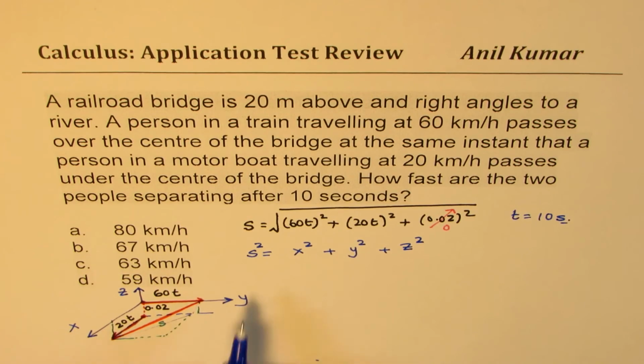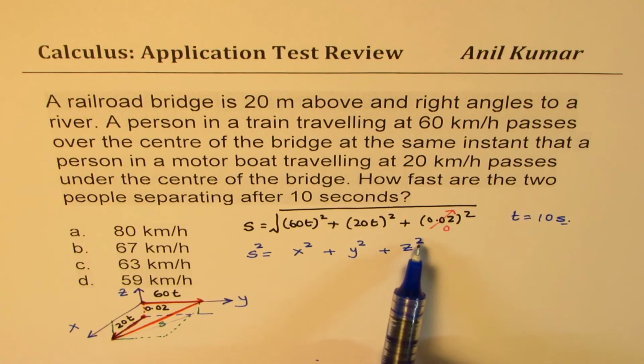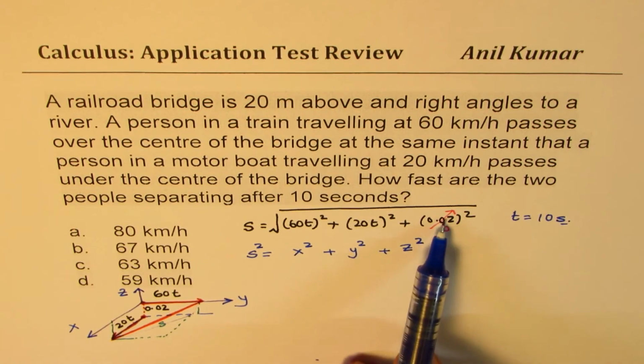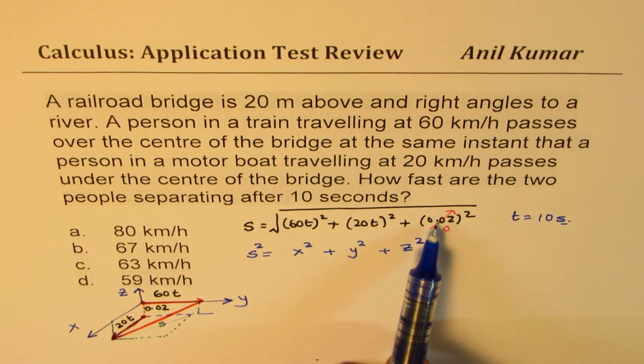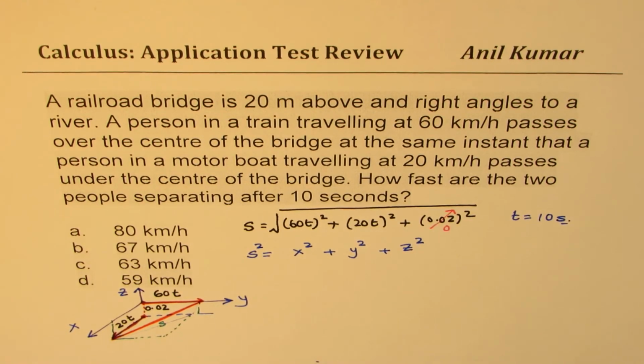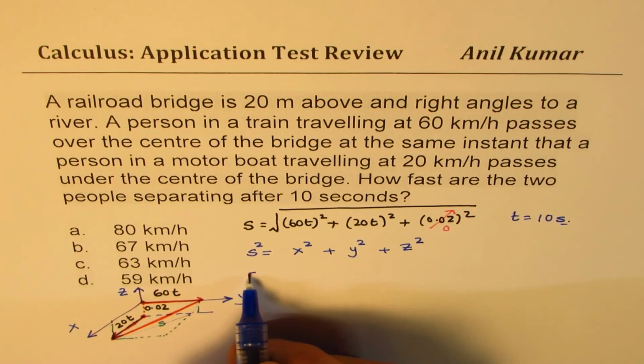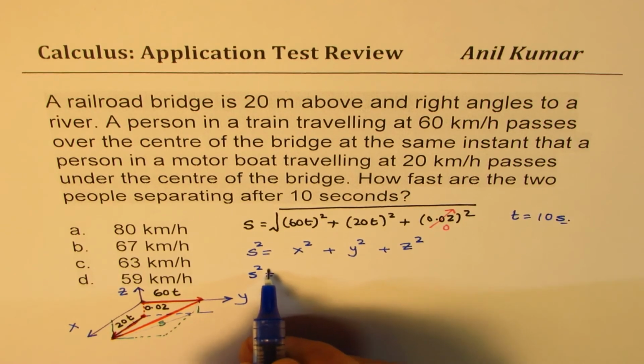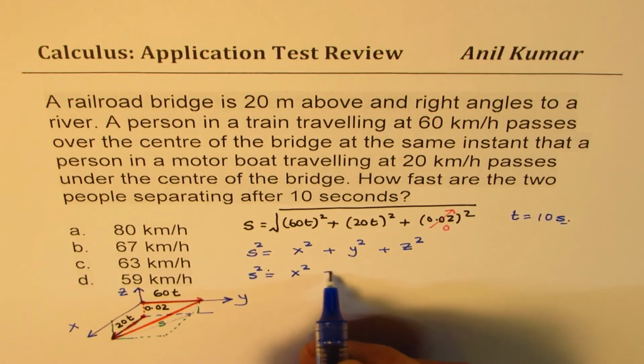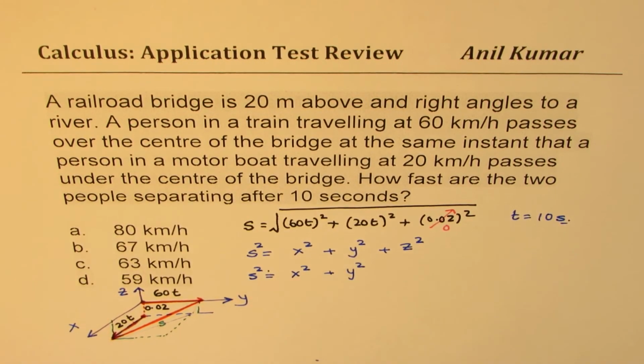So that becomes our general equation. Perfect. We have realized that z square is a very small number and can be neglected. So we could write this as approximately s square is equal to x square plus y square.